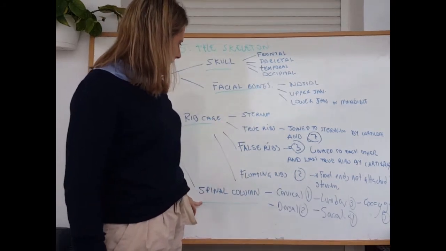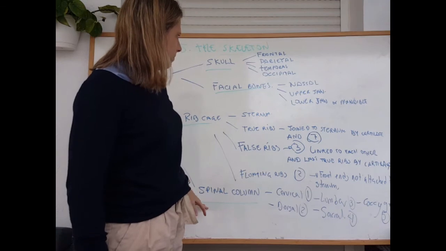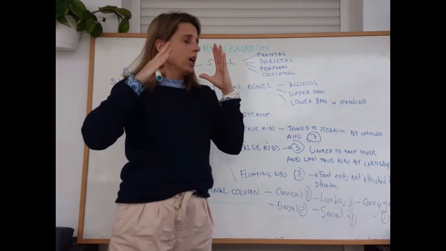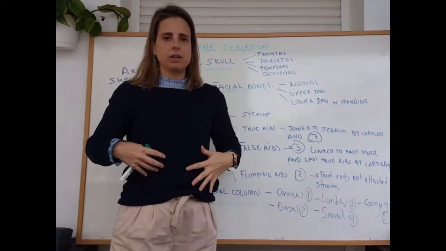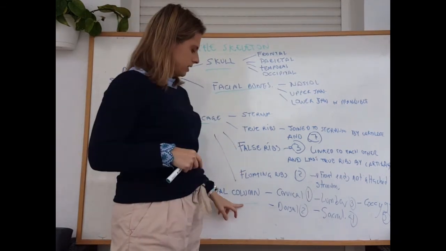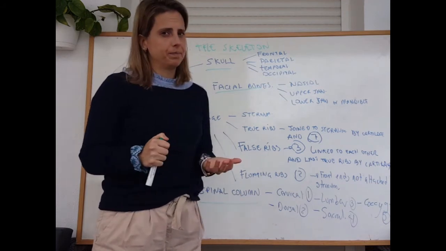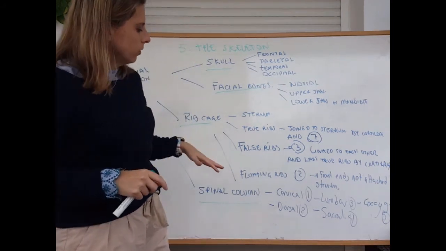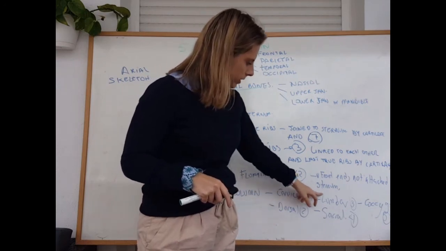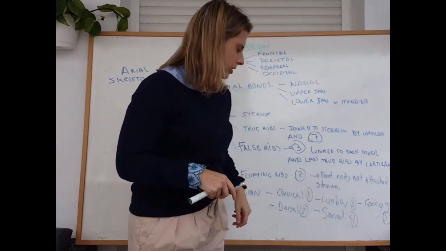And then we have the spinal column. So we have talked about the head, the skull and the facial bones. We have talked about the rib cage. And now we are going to study all the bones of the spinal column. So we have these ones: cervical bones, dorsal, lumbar, sacral, and coccygeal.